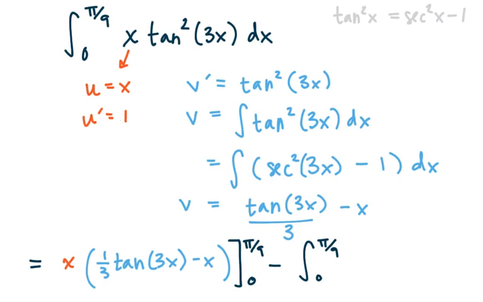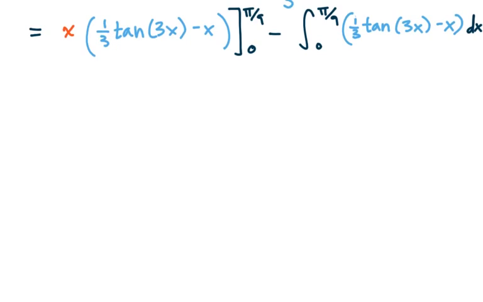So we've got the integral of, I'm going to write this as 1/3 tangent of 3x minus x dx. Right, so this is where we are after applying my integration by parts. And I'm not going to worry about evaluating this until I get to the end, unless I end up changing bounds. But I don't need to do that.